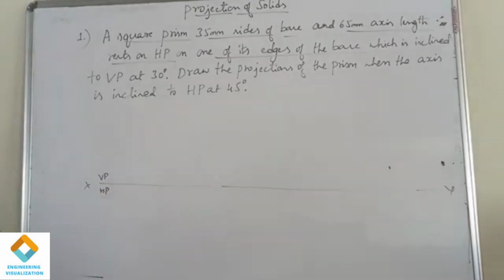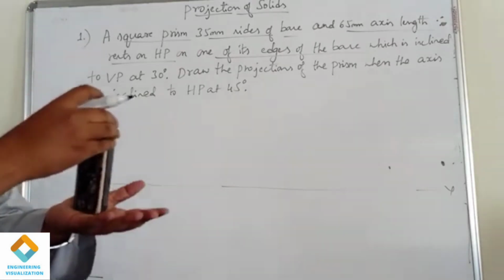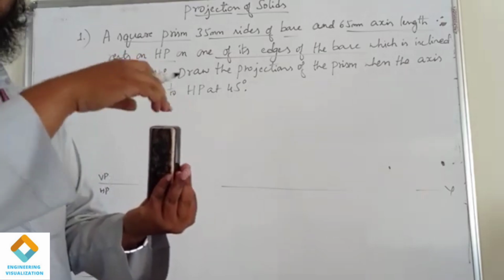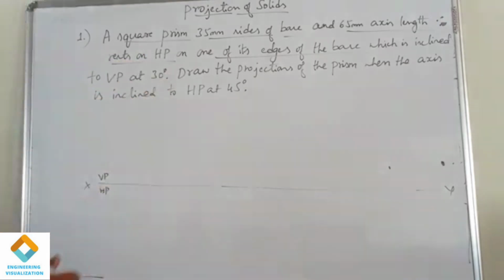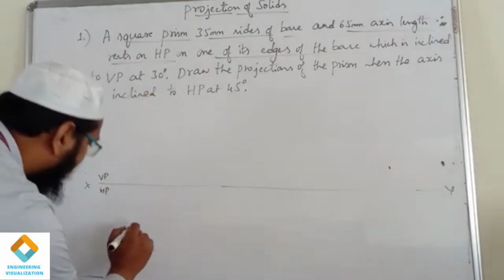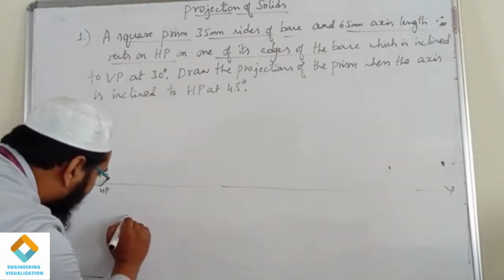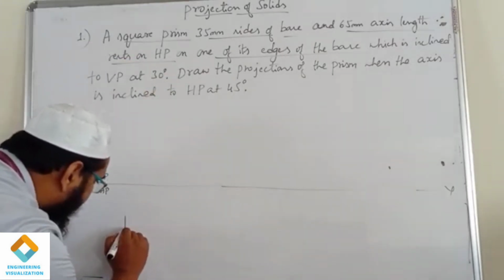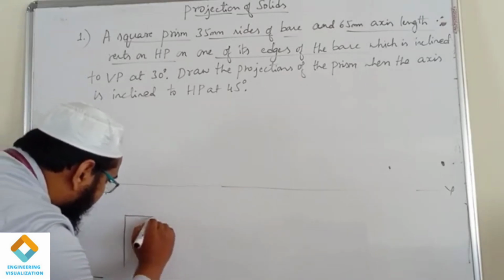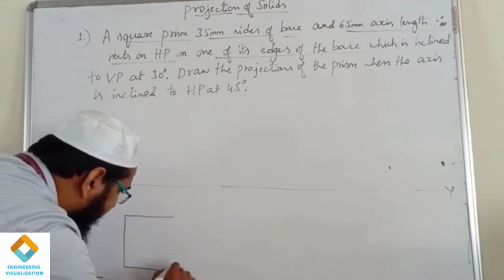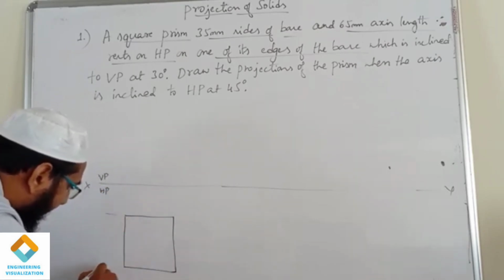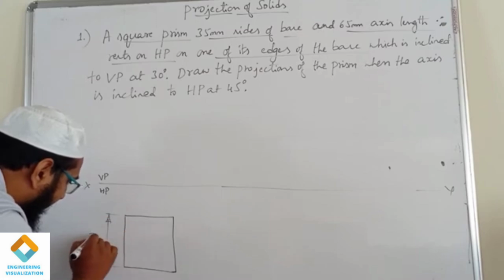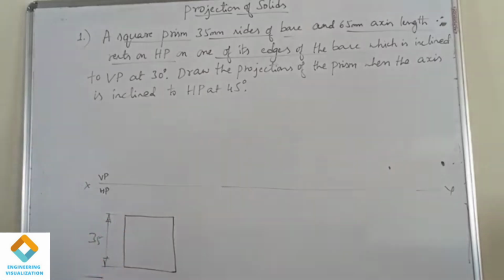If you consider a square prism, the top view of a square prism will be a square, which is having top face and the bottom face. That means you need to construct a square here, square of dimension 35. So we have drawn a square here.